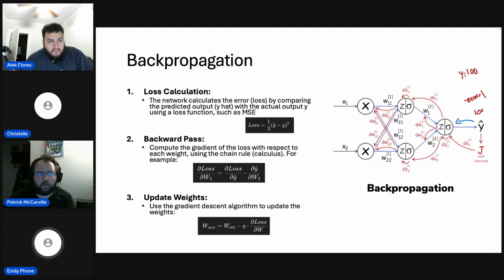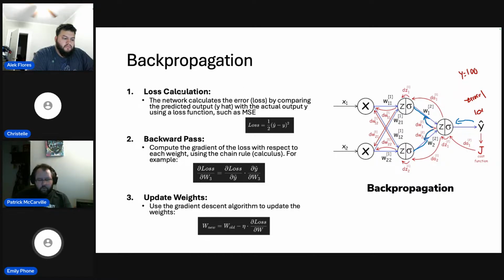But remember that this node was composed of input from here and here. So that node also has to tell the nodes behind it, you were also off by some amount. You gave me this probability, which caused me to be off by 1, and if you had adjusted that and given me a different probability, I would have had the right prediction here.